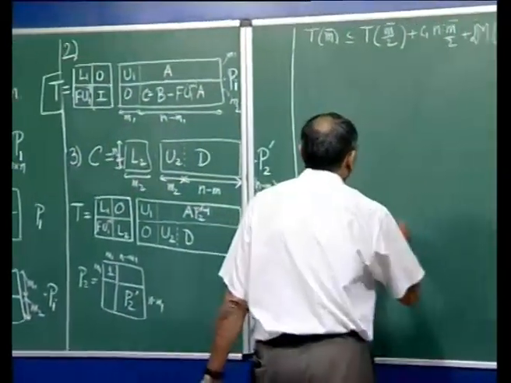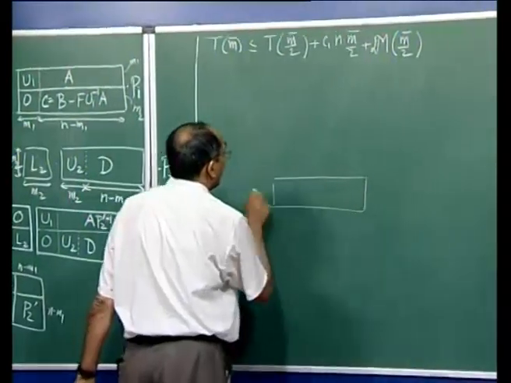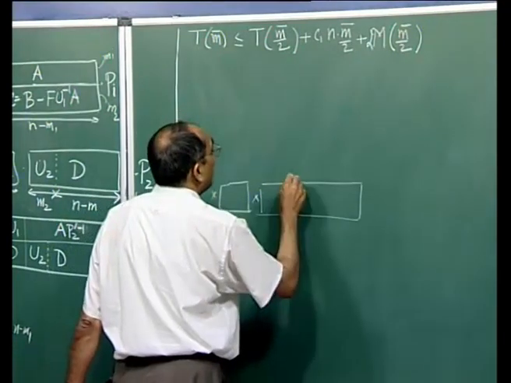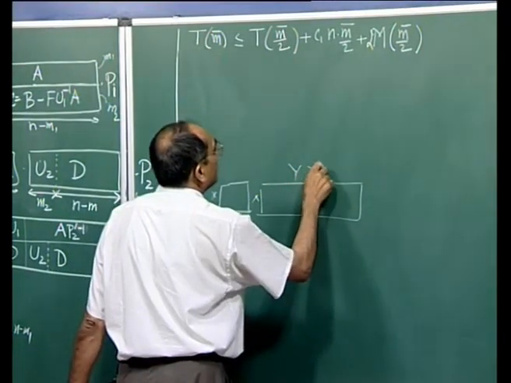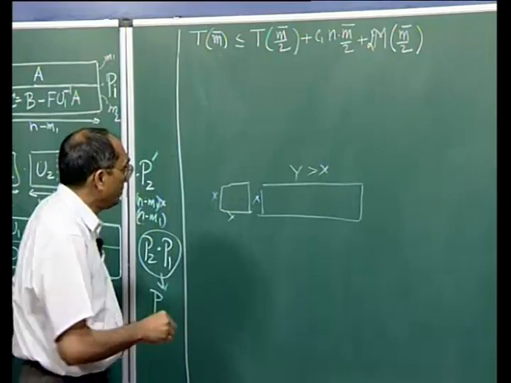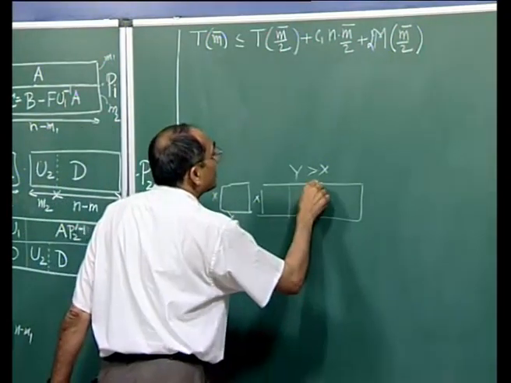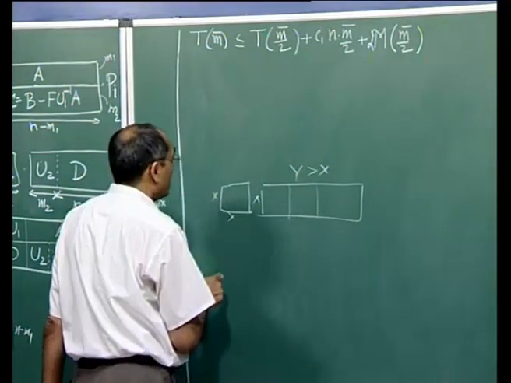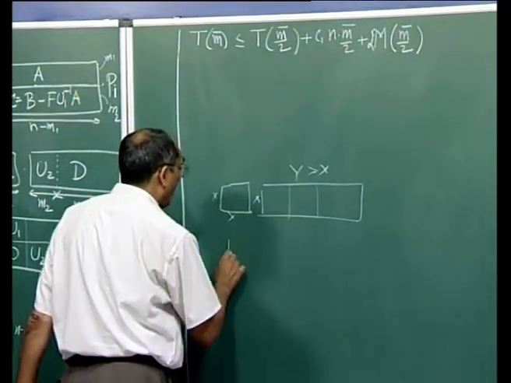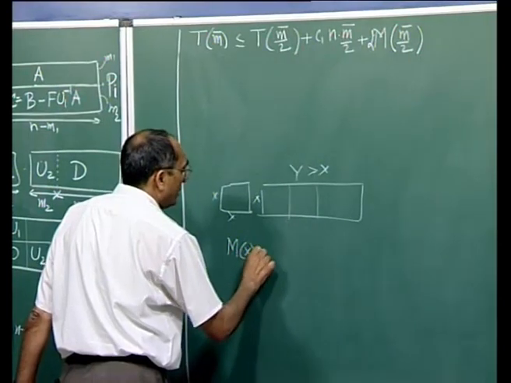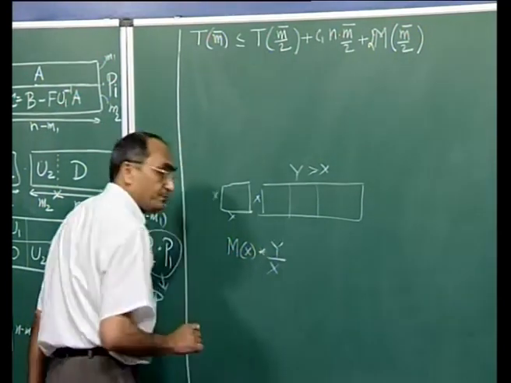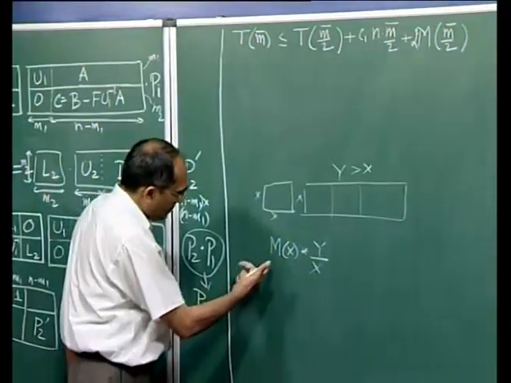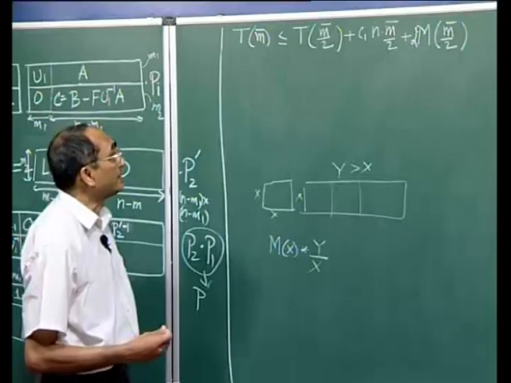Now, notice that if you have to multiply an X by X matrix to an X by Y matrix, Y say larger than X, then we can think of this as split into matrices of size X by X, and so on. So, that cost can be M(X) into Y over X, because that many submatrices are sitting, so that many multiplications are there.